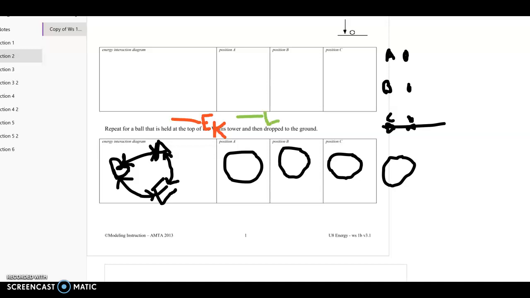And this time it's going to be through the air because that's what the hints said. And then I'm going to make thermal be yellow. So E thermal. Okay.